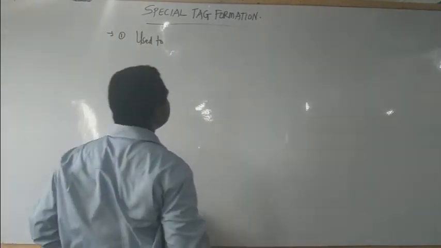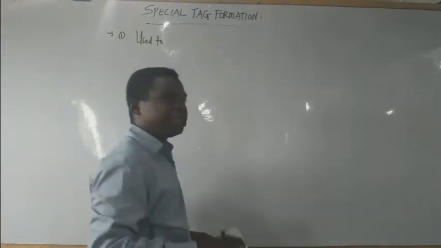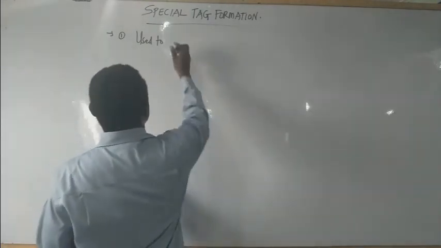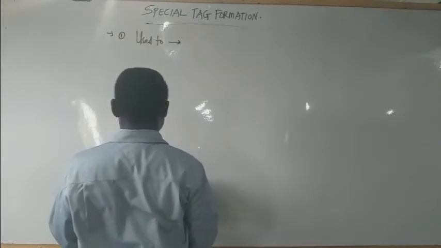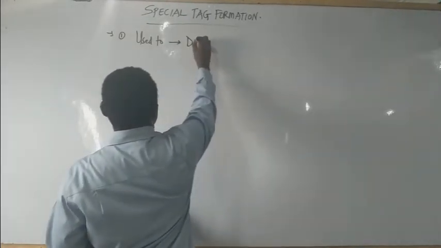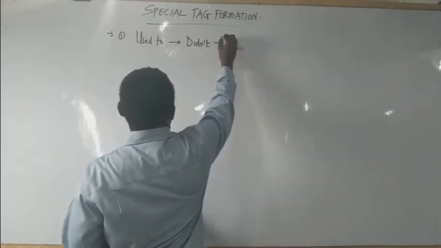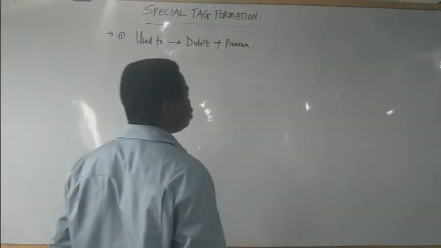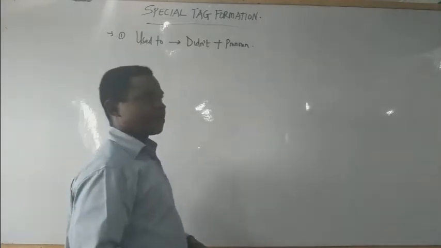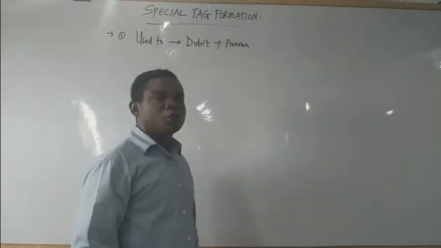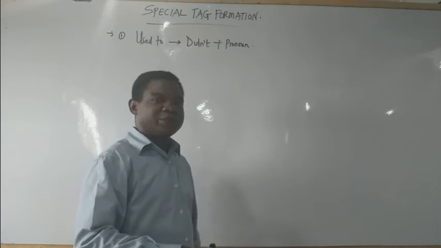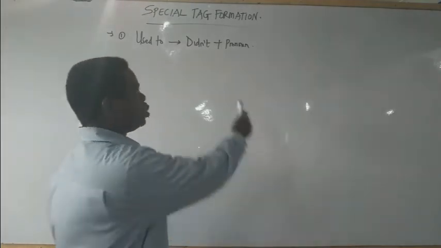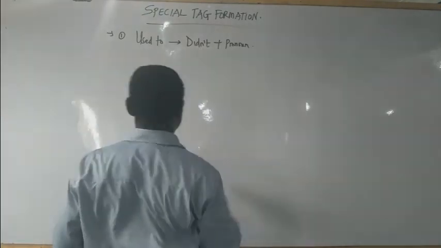When you have "used to" in a sentence, the question tag we take is "didn't" plus a pronoun. When "used to" is used to form a sentence, the question that can be generated from it will take "didn't" plus a pronoun.